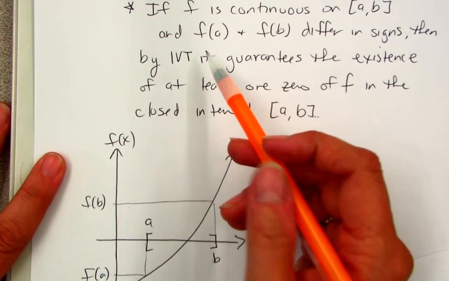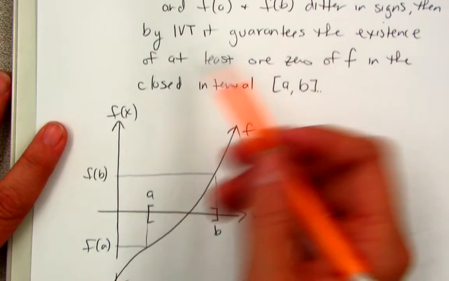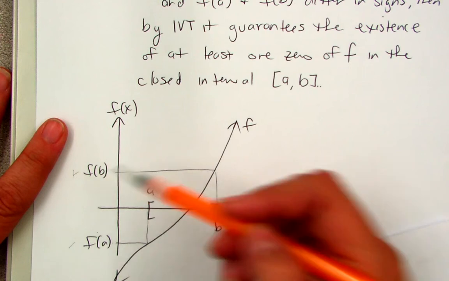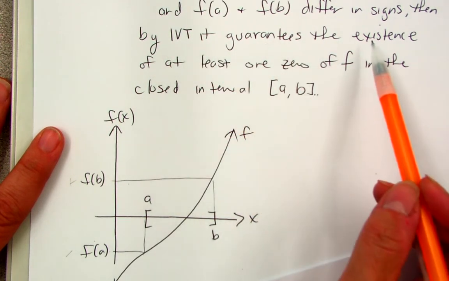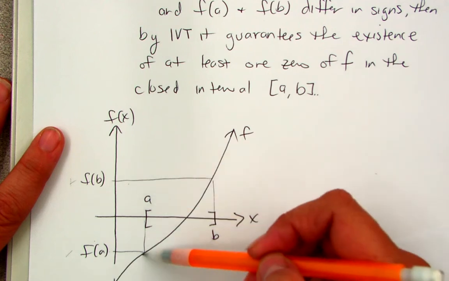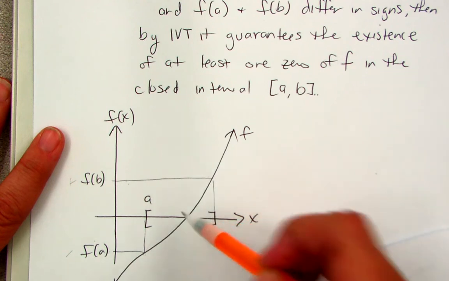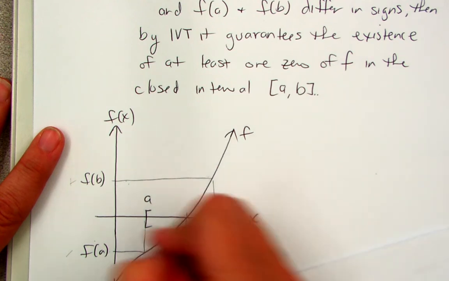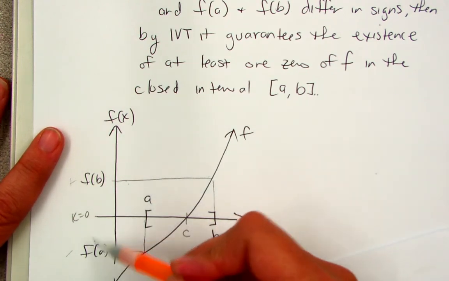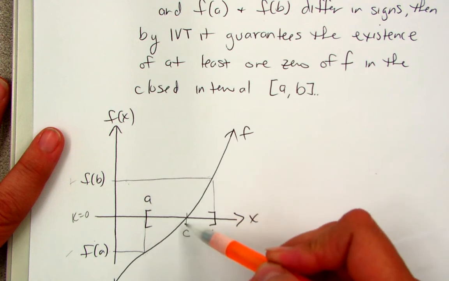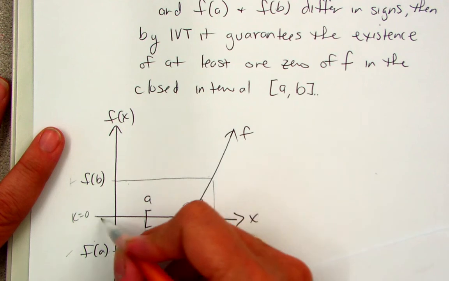So it says if f is continuous, well, yes, on the closed interval, and f of A and f of B differ in signs, well, yes, one is negative, one is positive, then by the intermediate value theorem, it guarantees the existence of at least one zero, because if my y is negative and this y is positive, the only way to get there is it must cross over the x-axis. So here is my 0. Here is c, and k equals 0. If my y output goes from negative to positive, I must cross over the x-axis once. Crossing over happens to be my 0. There's the c, and k equals 0.